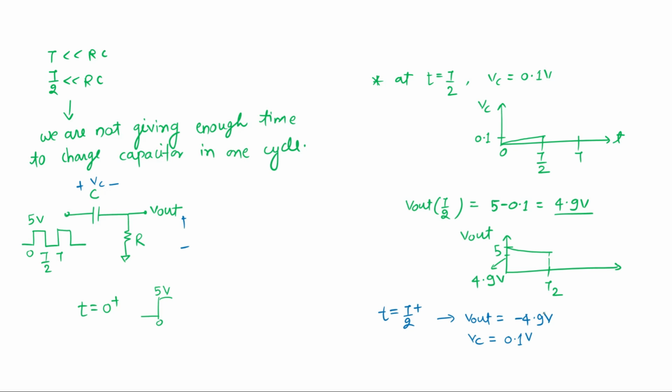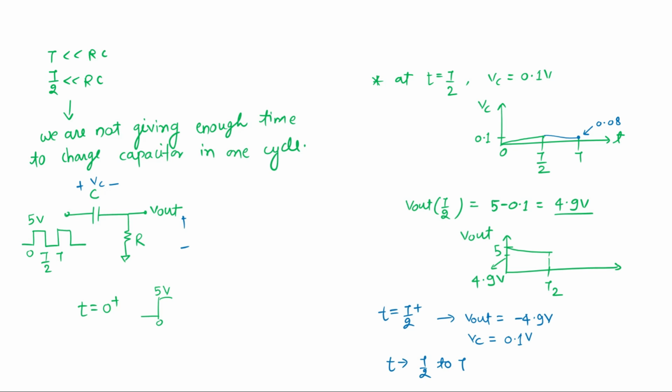After that, the excitation is not there from T equal to T/2 till time T. So my capacitor is discharging, but it is discharging very little, because the time constant is still very large. So from 0.1 let's say it reaches 0.08. Accordingly, my output will be adjusted.